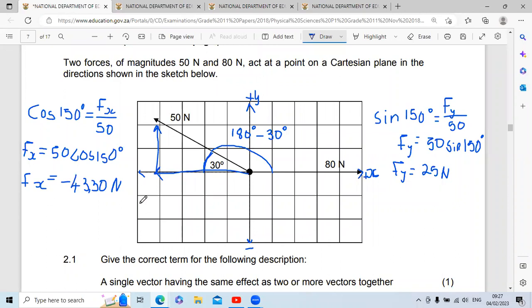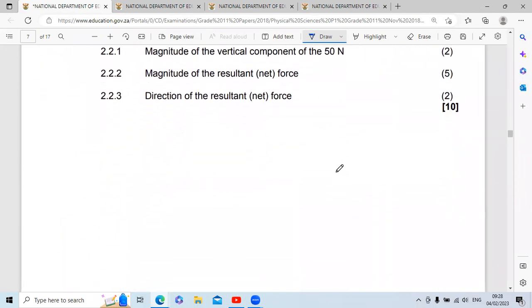Now since we have our x component of the 50 Newton vector, we're going to have to calculate the resultant x component and the resultant y component. So we're going to say F resultant x, let's just say that's going to give you negative 43.0.